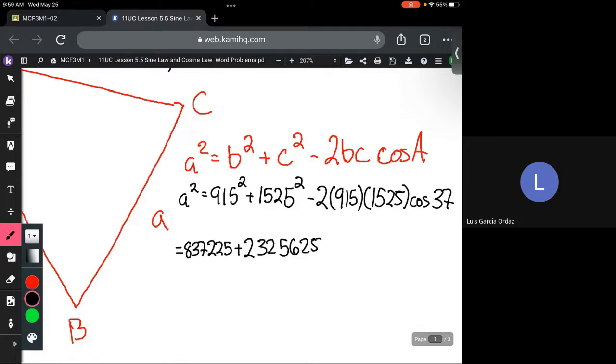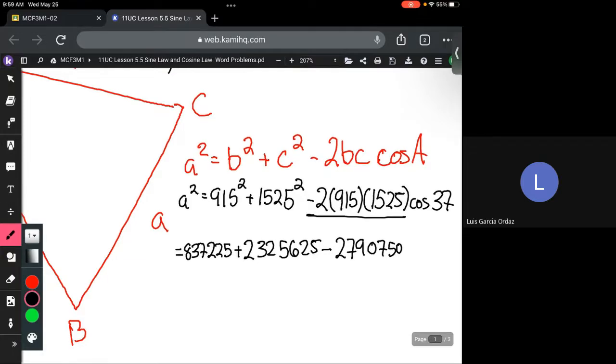And can someone tell me what 2 times 915 times 1525 gives me? 2,790,750. Does that first number have a 3? Is it 837? 837, yeah.